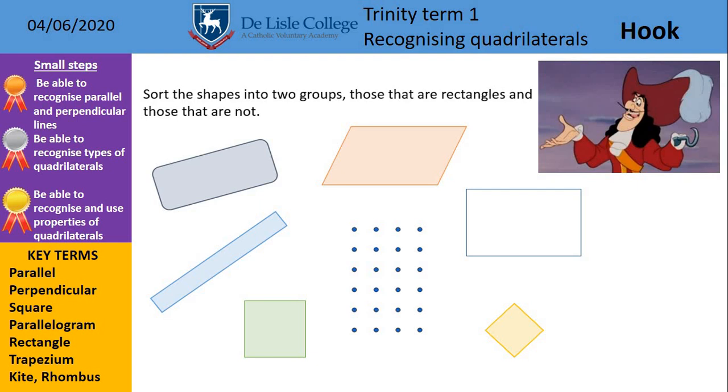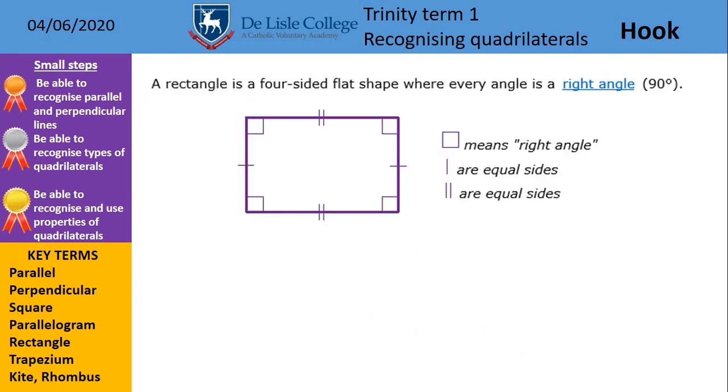Okay, so in terms of definition, what we're going to go for as a definition of a rectangle is a four-sided flat shape where every angle is a right angle. So I'd like you to copy this down exactly and with the diagram, because it's very important notation there, to show the equal sides we do with those lines.